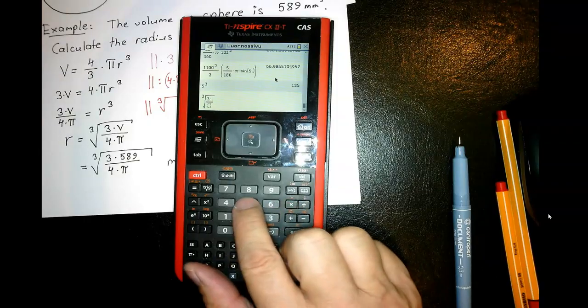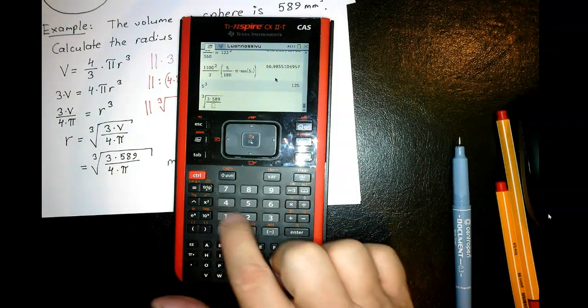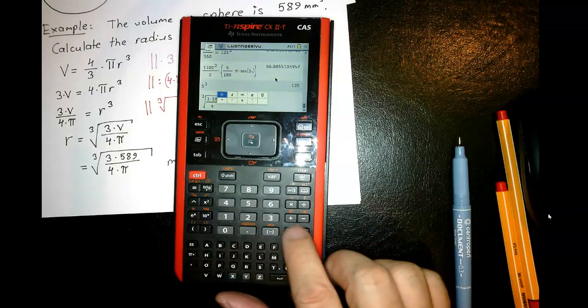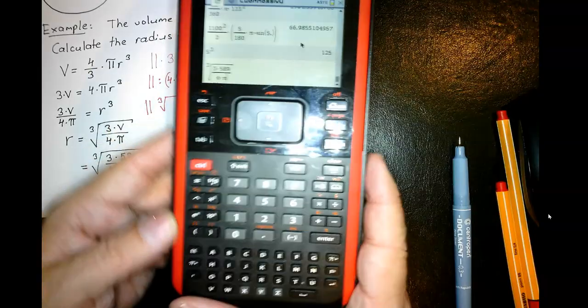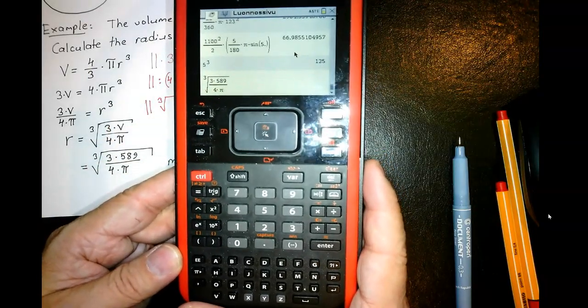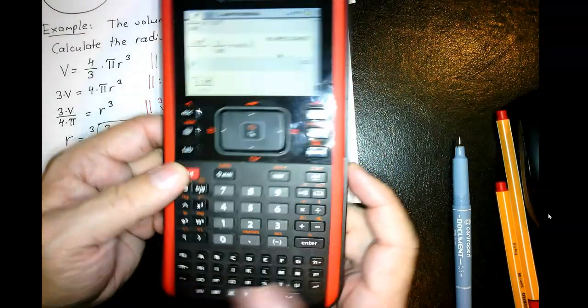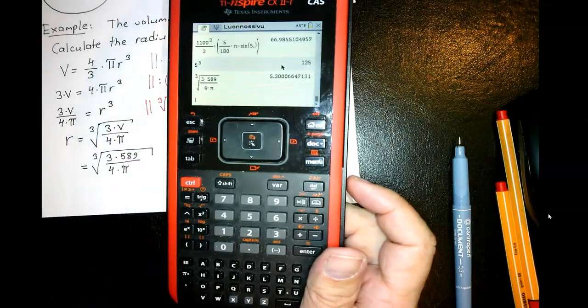3 times 589 divided by 4 times pi. So now it is exactly the same as in the paper. And then we take the answer.